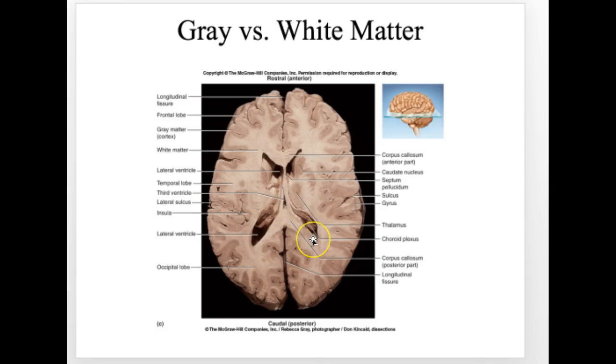That high lipid content that stems from oligodendrocyte cells is what allows for rapid action potential propagation down the length of the axons, and what gives this tissue its white appearance. So these areas of white matter are mostly axonal tracts, whereas the outer areas of gray matter mostly consist of neuronal cell bodies.